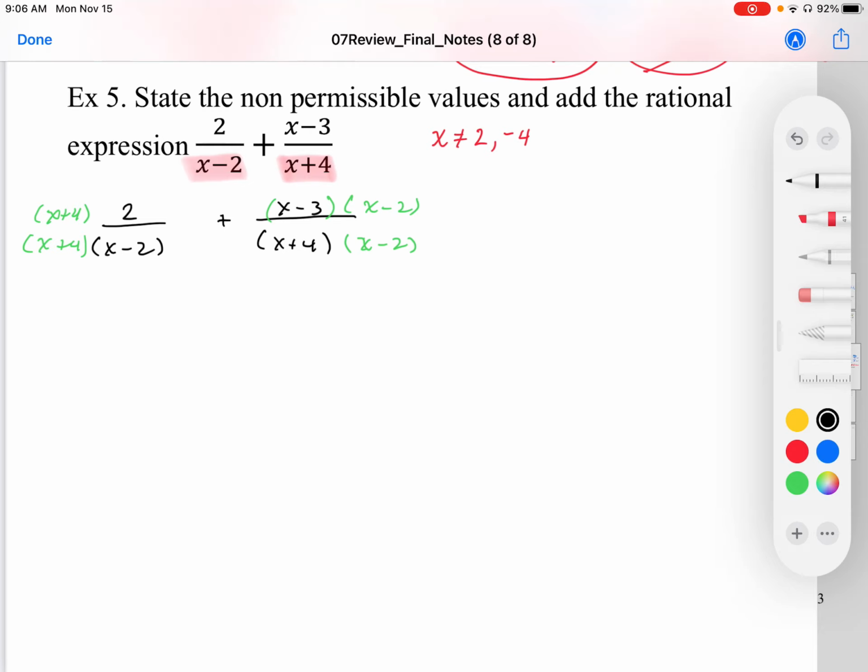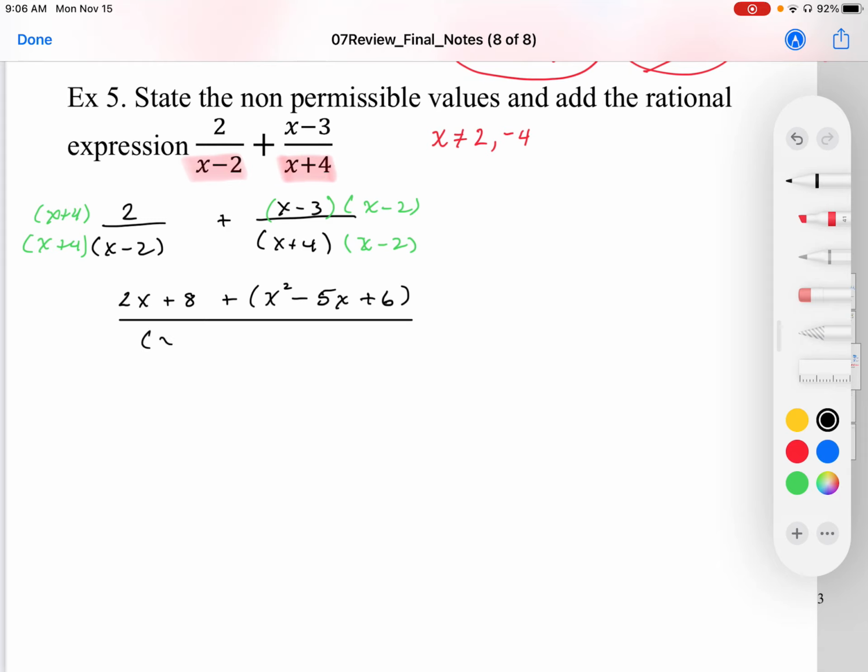We can then expand out the numerator and add them together. So I'm going to expand out the numerator: 2x plus 8 plus, I'm just going to put this in brackets to group this together, we're going to expand those binomials. So x squared minus 3 minus 2 is minus 5x. Negative times negative is positive, that's going to give us plus 6.